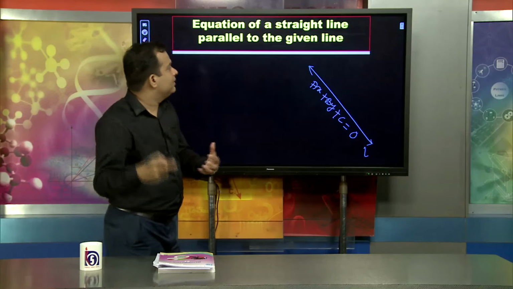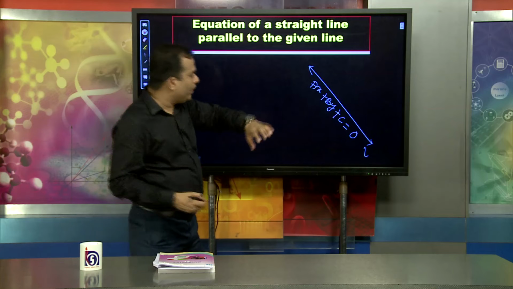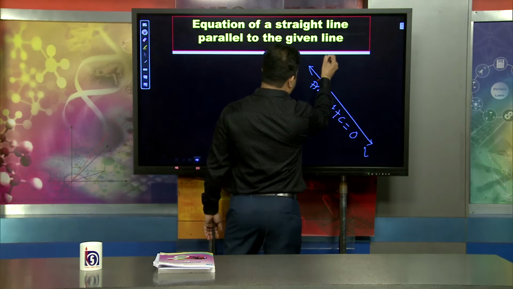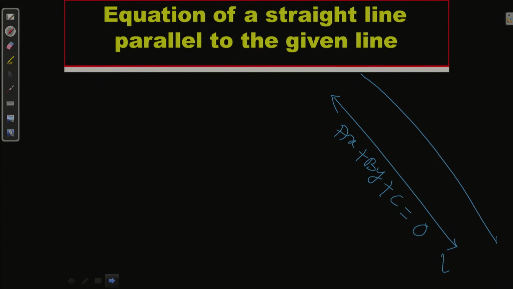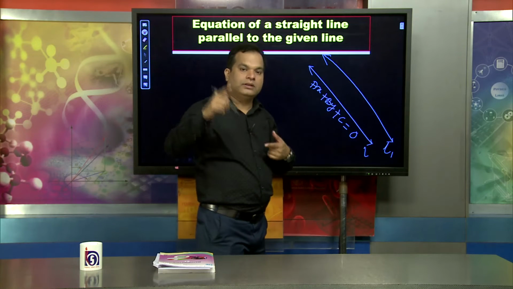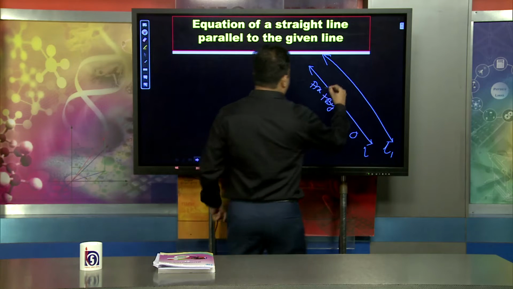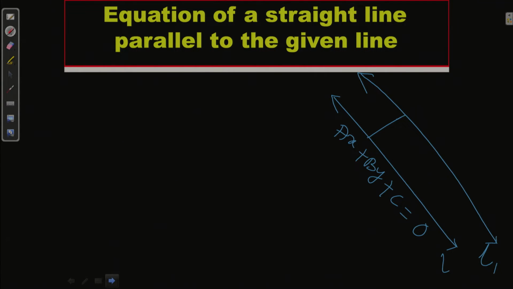The thing is, given the equation of a straight line, we are going to find the equation of another line, suppose L1, which is parallel to L. Parallel, you know that the distance between the two lines remains constant. That means the distance between the two lines always remains constant.